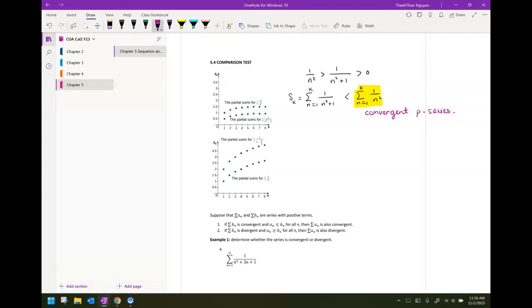This means that the sequence here is convergent. So then the sum from n equal 1 to infinity of 1 over n squared plus 1 is convergent.